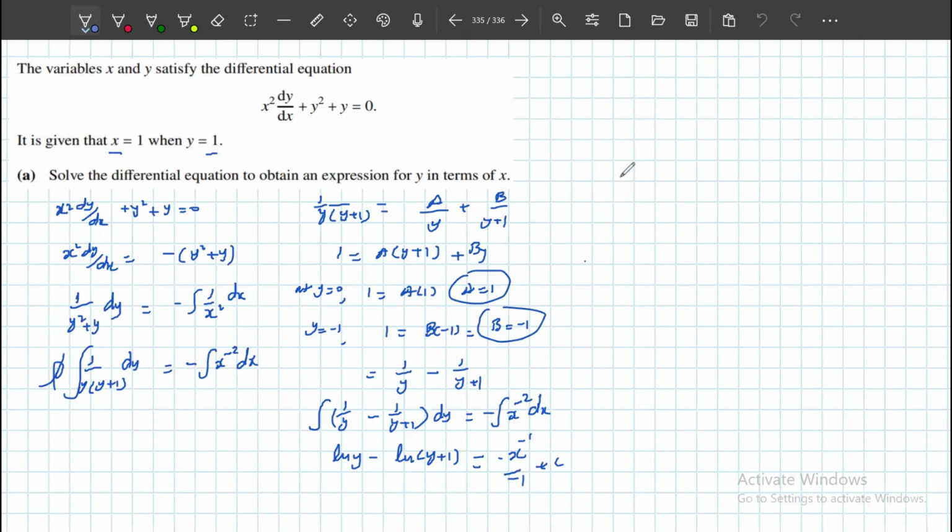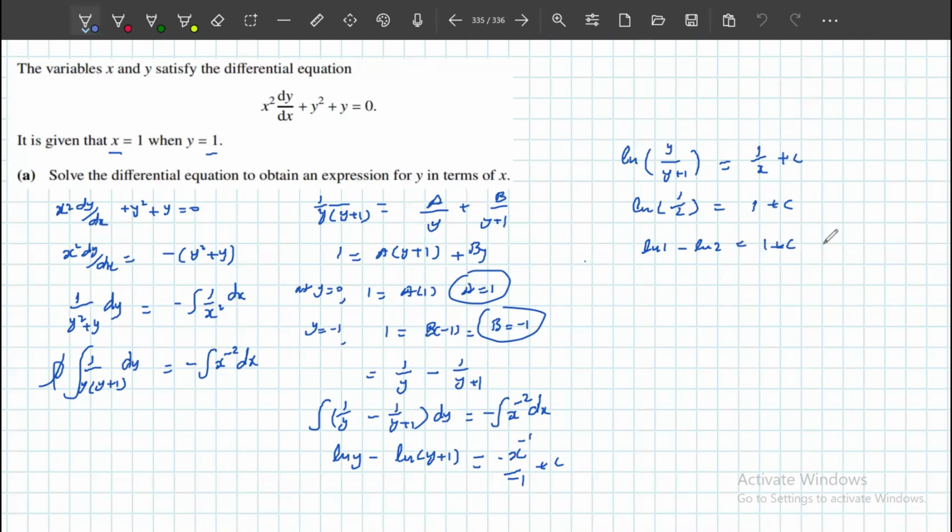So it is log of y, as there is a minus sign between two logs, so we can write it in division form. So y over y plus 1 is equal to, this minus minus cancels, so we have 1 over x plus c. Now we can find c at x is equal to 1 and y is equal to 1. So log of 1 over 2, 1 plus 1 is 2, and x is 1, so basically this is log 1 minus log 2 equals 1 plus c.